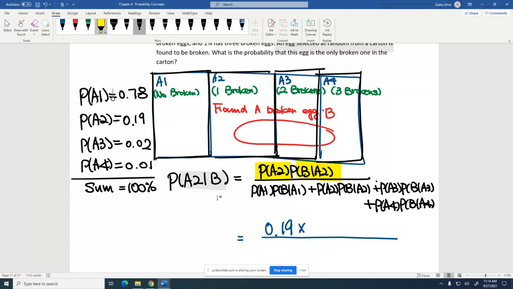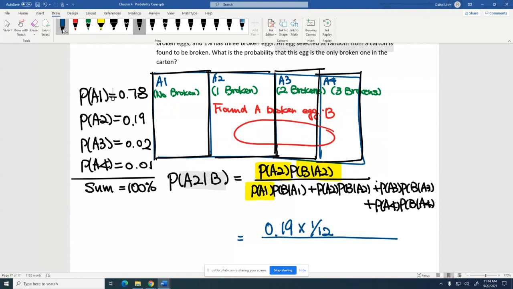Actually 1 out of 12 was not given in the example, but we can figure it out because we knew A2. Already we knew there is 1 broken egg out of 12. Now we need a probability. I pick the broken egg, 1 out of 12. Does it make sense? So the probability of B given A2 is 1 out of 12.